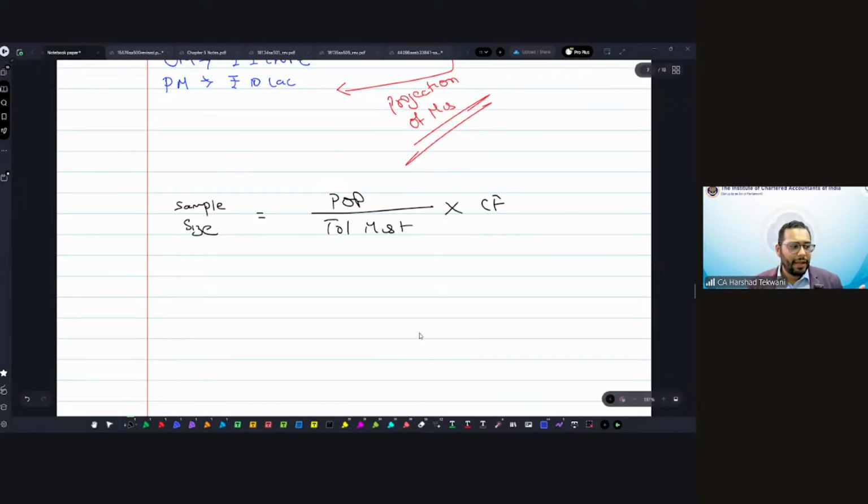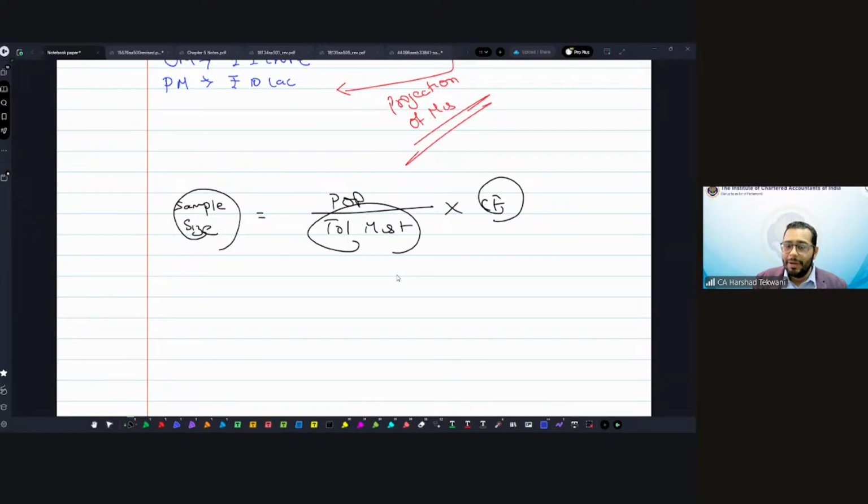Population is kind of the actual number of items, then the tolerable misstatement, and then the confidence factor. Sometimes people have complex formulas, like there are multiple methods to calculate sample size. This is a very standard, very basic one, but there are more complex ones than this. So we consider the confidence factor and the tolerable misstatement to get the sample size.